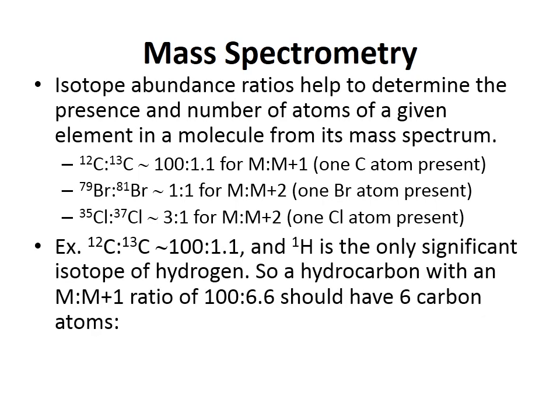For example, given the C12 to C13 ratio is about 100 to 1.1, and the proton, H1, is the only significant isotope of hydrogen, we can figure out how many carbons there are in a hydrocarbon. So a hydrocarbon with an M to M+1 ratio of 100 to 6.6 should have 6 carbon atoms. How do we figure that out?